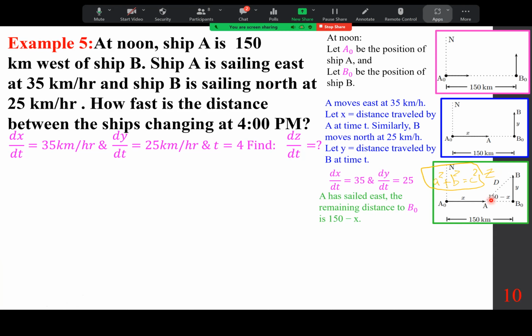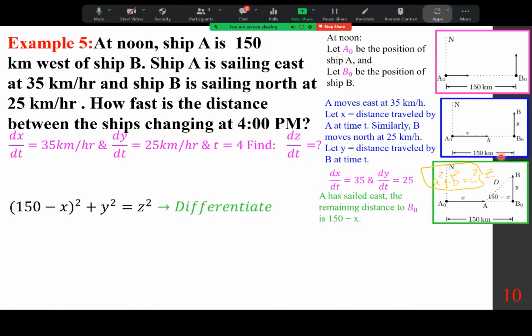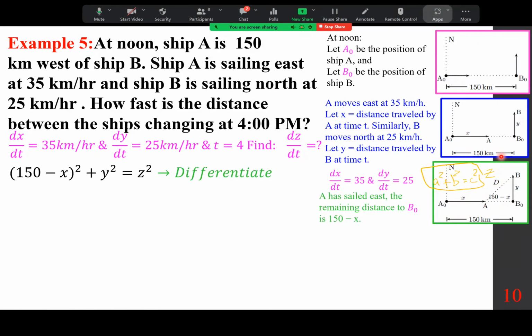So this distance, which is (150 minus x) squared, plus this distance, which is y squared, is equal to this distance, D or Z, squared. Let's go with Z because we are using x and y. And so when we do that, we are practically done because we have to differentiate this with respect to t, or time. That's the main thing, setting up, coming up with the proper equation.